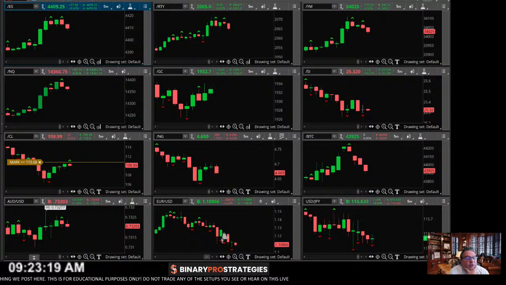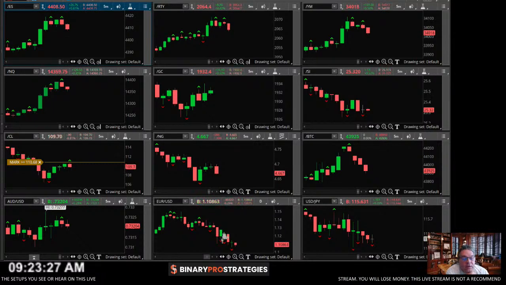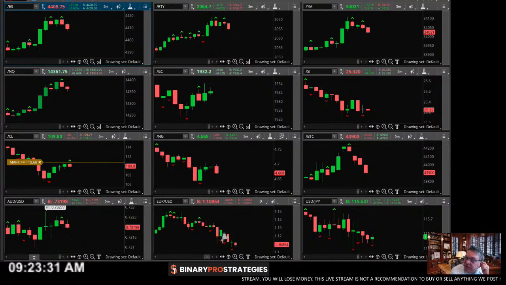Still long the 73.21. We're sitting exactly at 73.21, and we have another minute and a half to go before expiration. Once again, we wanted to close above 21 to be a winning trade.